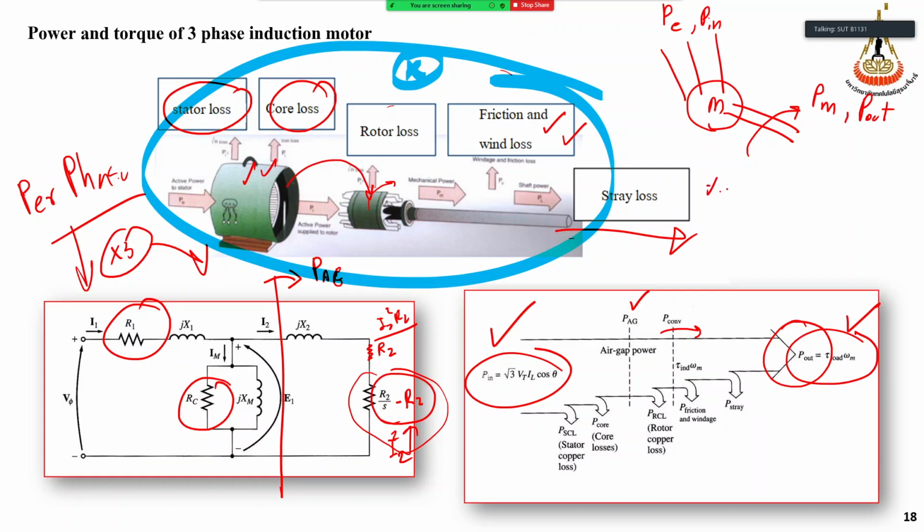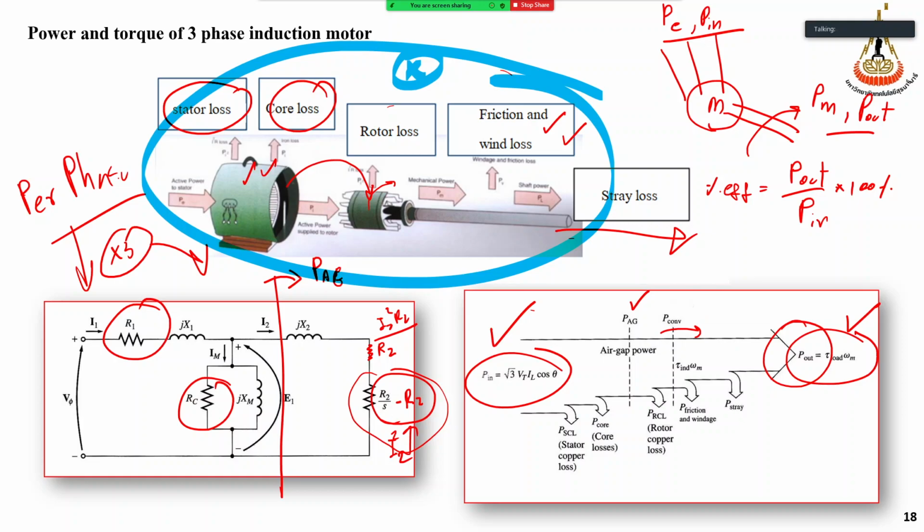We can compute the efficiency of the motor by P out divided by P in and multiply by 100%. So if we can measure power out and power in, that's all, right? So this is the loss that takes place in the motor.